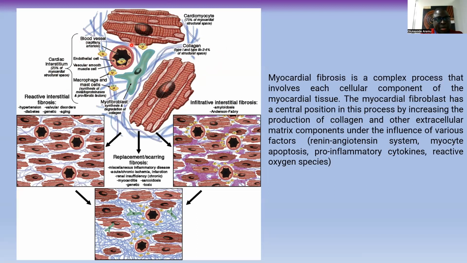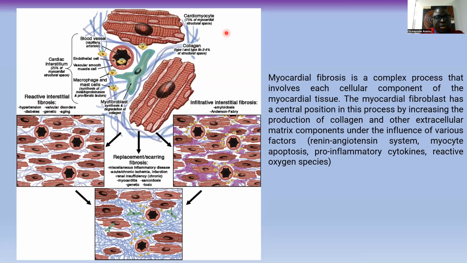And when there is an interplay, in times of tissue injury, now there is a loss of cardiomyocyte, which we see in reactive interstitial fibrosis, and in disease states such as hypertension, valvular disorders, diabetes, some genetic diseases, and aging, just like I mentioned the other time.